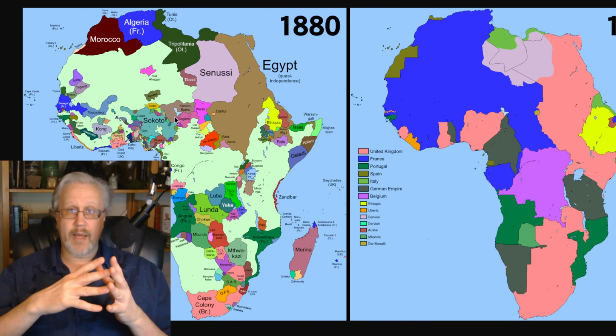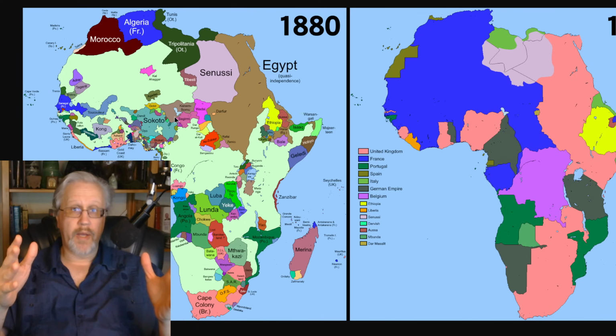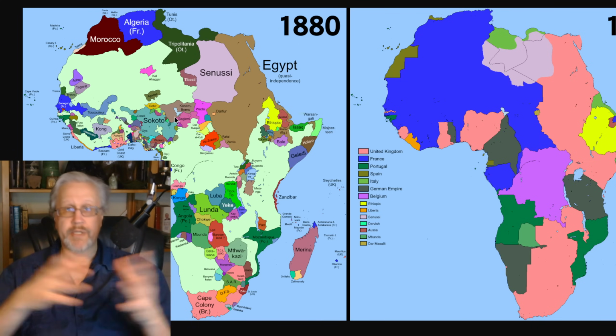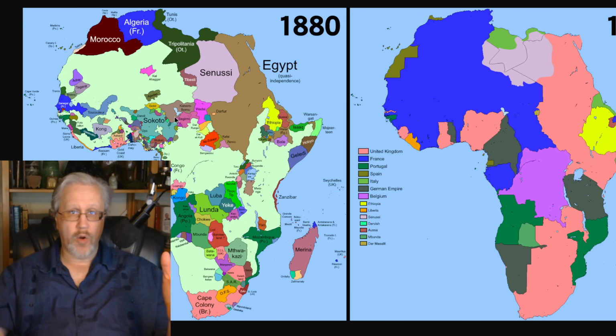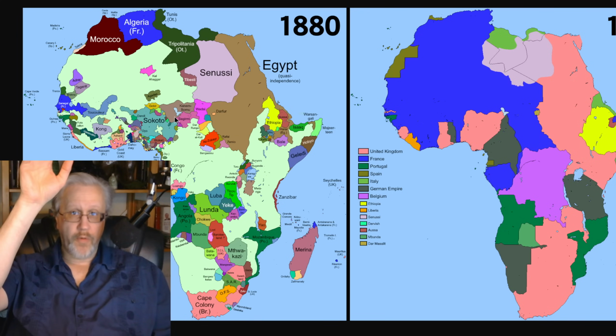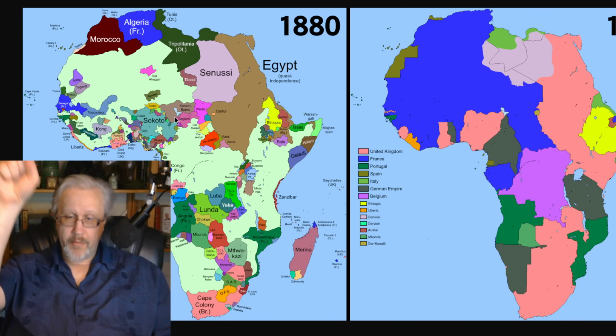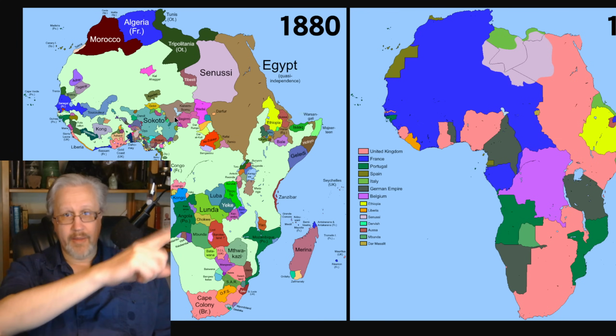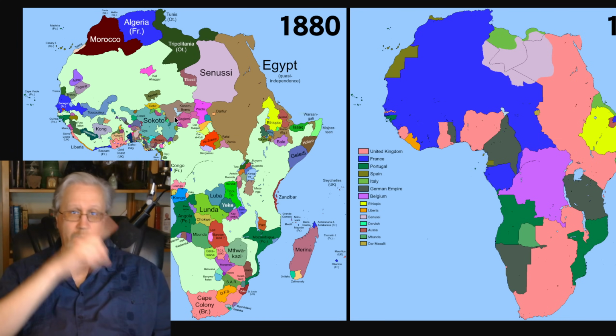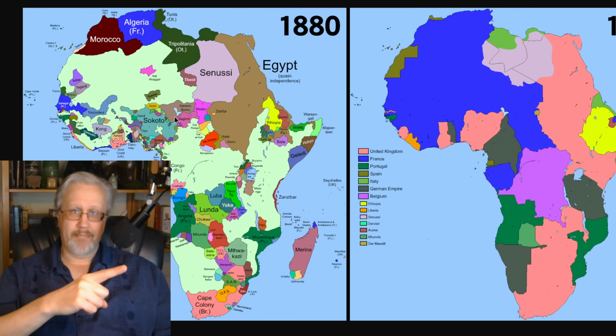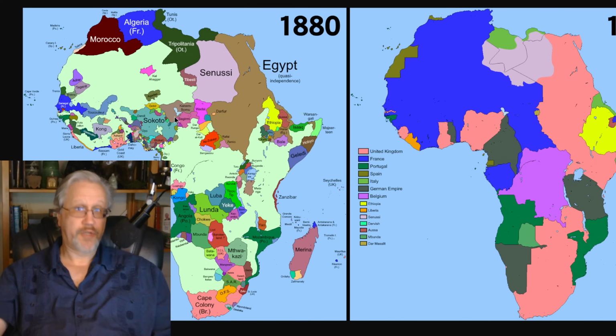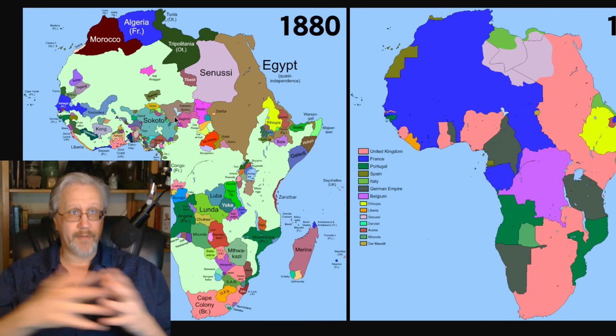And the tsetse fly would destroy any horse or cow or any kind of herd animal. They're just wiped out by the tsetse fly. If you took an army of horsemen and rode them all the way into Nigeria during this time period, your horsemen would just be men afterwards. The horses would be dead because of the tsetse fly.